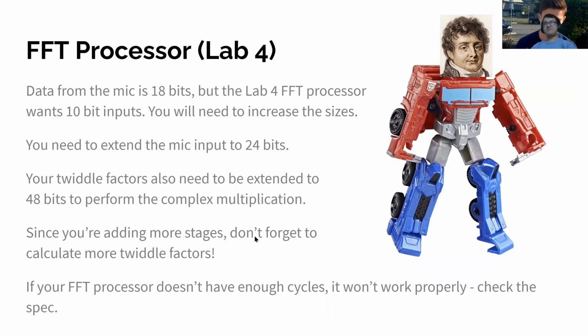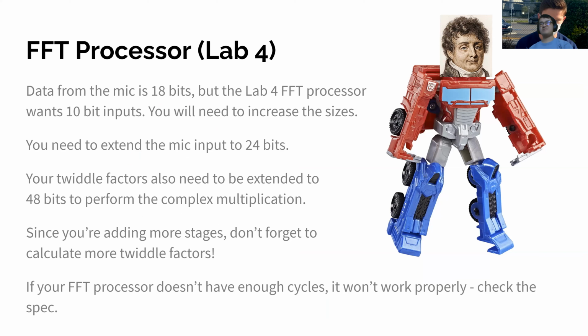So, the FFT processor. From the last lab, you built the mic translator for your digital mic. And if you paid attention, you'll notice that the output is actually 18 bits. But in lab 4, our FFT processor only took inputs of 10 bits. So that means you're going to need to increase the size of your inputs and outputs to be 24 bits of data.